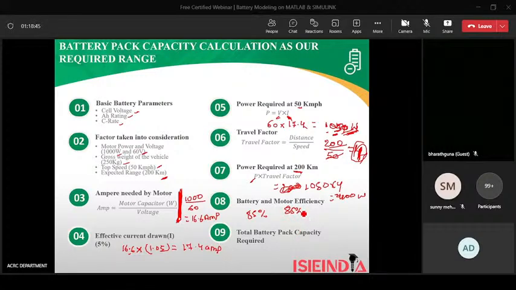So what will be the total battery pack capacity required? 4200 divided by 0.85 for the battery and the same for the motor. So I will be getting approximately 5.8 kilowatt hour.